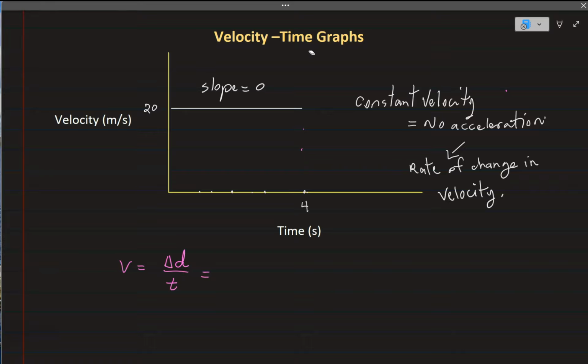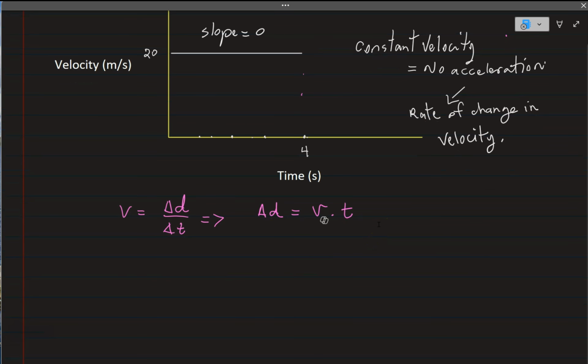You could actually say delta T. That's okay too. All right? So we have the velocity. We want to find the distance. So in here, we're going to solve that. So displacement is equal to V times T. I don't have to put the delta T in there, but let's just leave it like that for simplicity's sake.